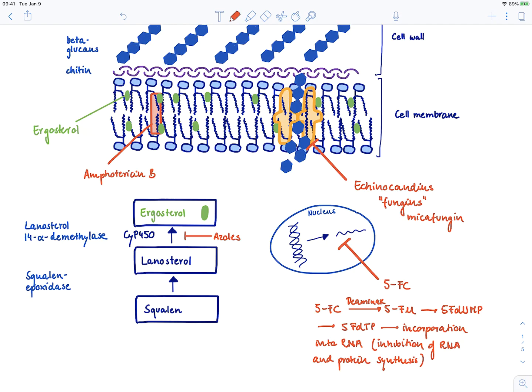So this makes it specific to fungal cells. This doesn't exclude that we're not going to see any adverse effects. Well, we could actually see some hematologic toxicities like anemia, thrombocytopenia, leukopenia, because these deaminations can also spontaneously happen. So we can get some RNA protein synthesis inhibition in other cells.